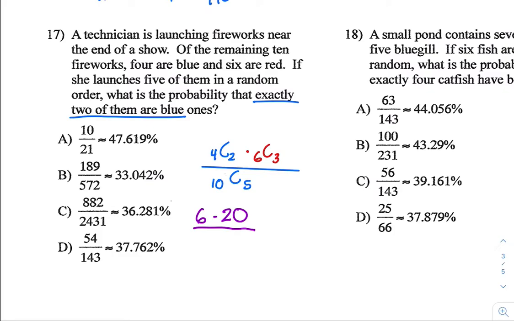And you should have gotten 252. So this is equal to 120 out of 252, which is 120 divided by 252, 47.619%, which is A. Okay.